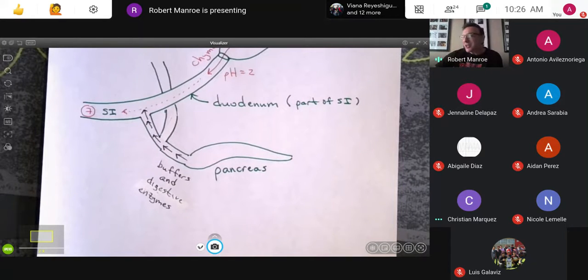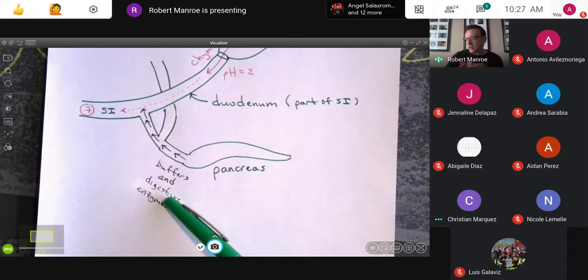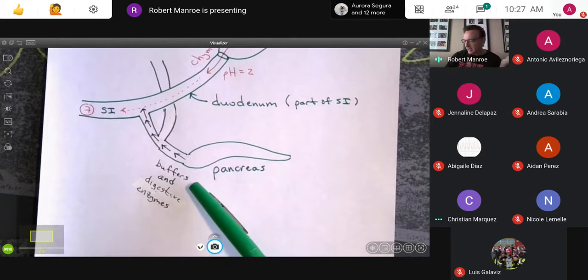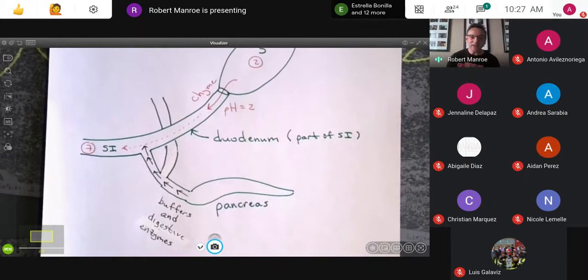I don't think so, because in the pancreas there are two regions, and the region that produces the buffers and the digestive enzymes, and the region that makes insulin and glucagon, which are hormones, are different areas of the pancreas. So I'm going to say I don't think so, but I don't know that for sure. It's a cool question.